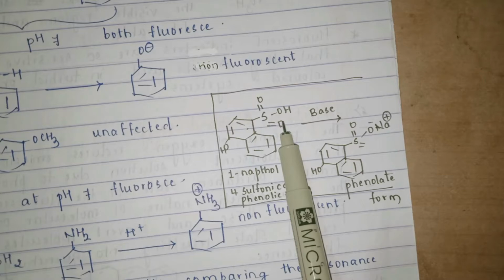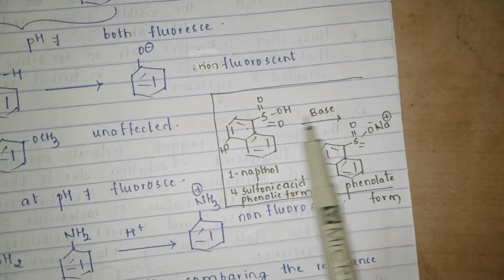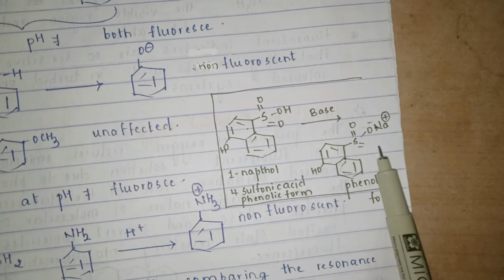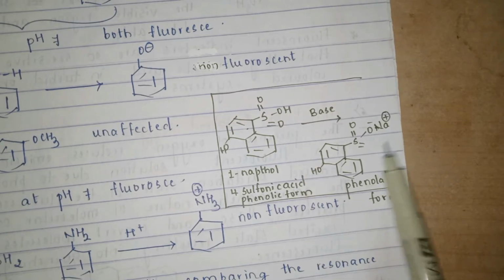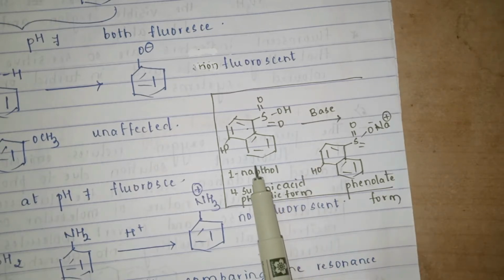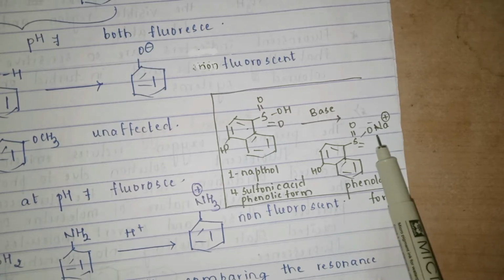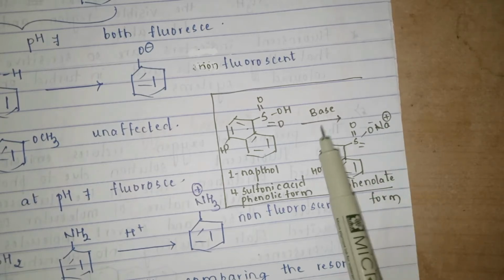Look at this, it's in the phenolic form. Now, once we add base to it, this proton gets abstracted. Now, this gets converted to a phenolate form. That means from an acidic form, I have converted it into its basic form, or it can be said that it has formed its salt form, the phenolate form, by the addition of base.